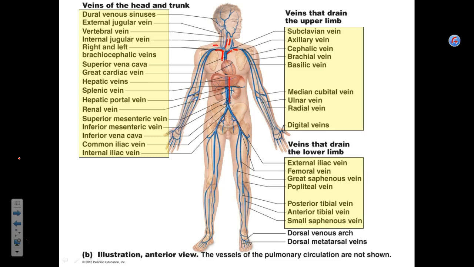Subclavian branches off into the axillary, and who said cephalic refers to the head? Cephalic vein. So that's really bizarre. Over the time that we had this anatomy exam, I basically tell you, remember, the cephalic vein is not in the head.